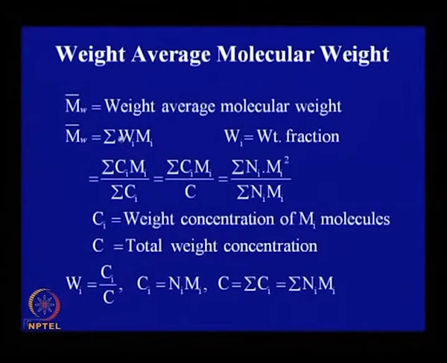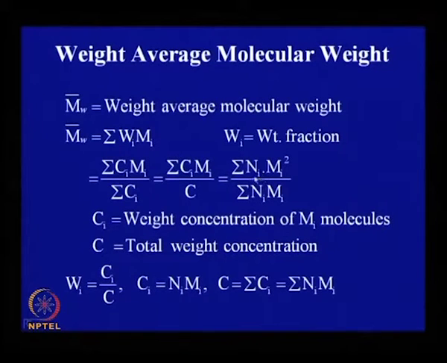It is the sum of weight fractions of the ith species multiplied by the molecular weight of that particular species, and if it is expressed in terms of concentration, then you can have these kinds of relations, introducing the concentration terms of the ith species.